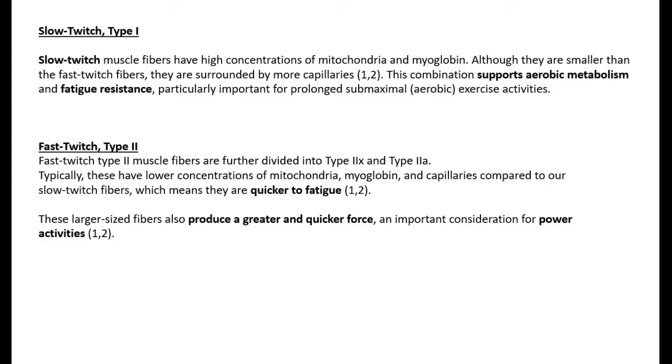And just to link it with the previous graph, slow twitch type 1s will tend to do aerobic respiration, whereas type 2 will tend to use mainly the ATP and the creatine phosphate supplies, and maybe a little bit of lactic fermentation, but they will not be used in doing aerobic respiration.